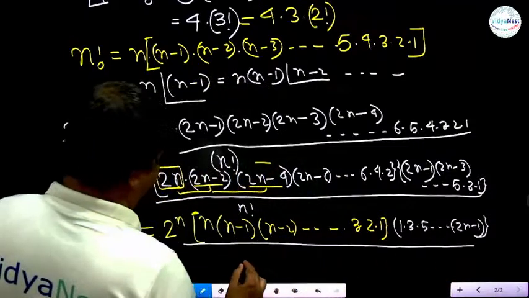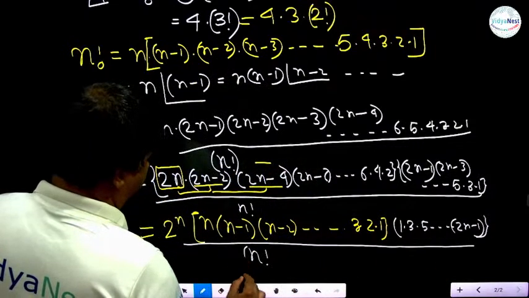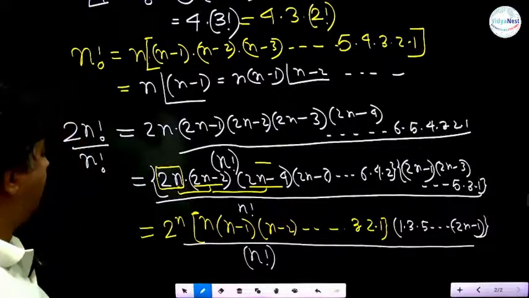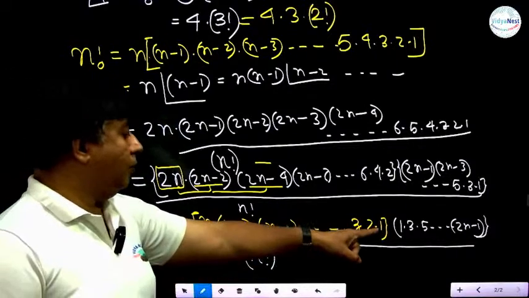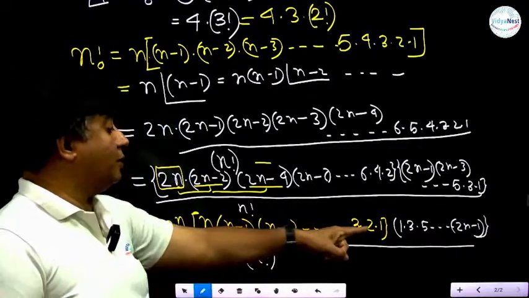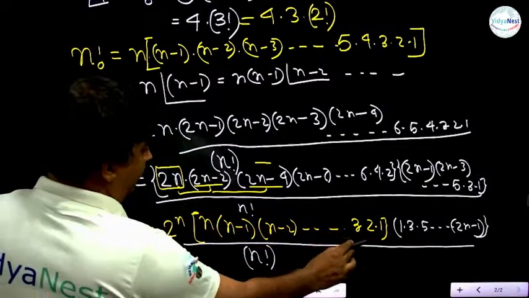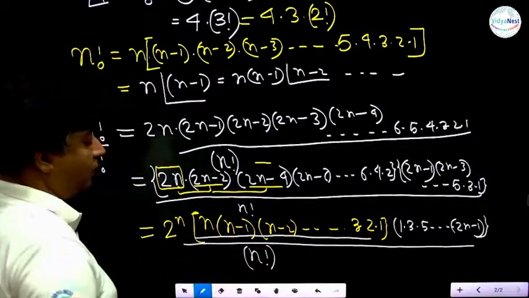By factorial n. Now, once I get the product of 1 to n numbers, instead of the whole thing I can write factorial n.